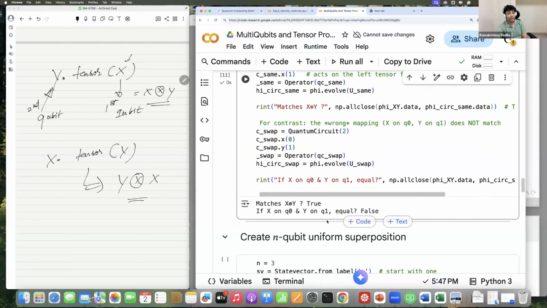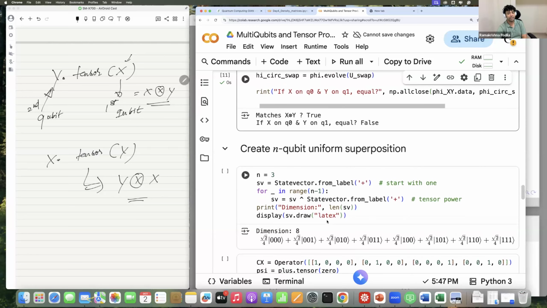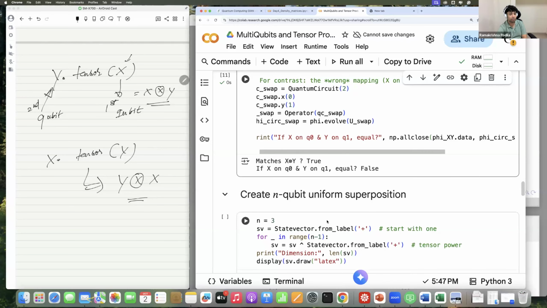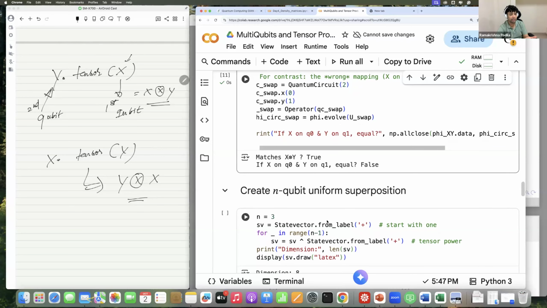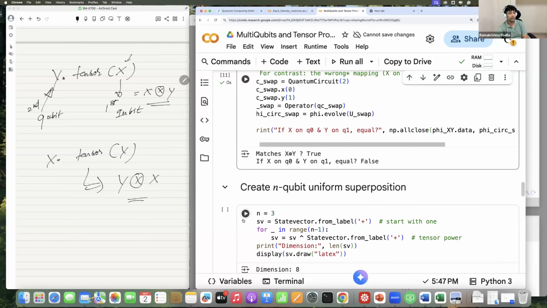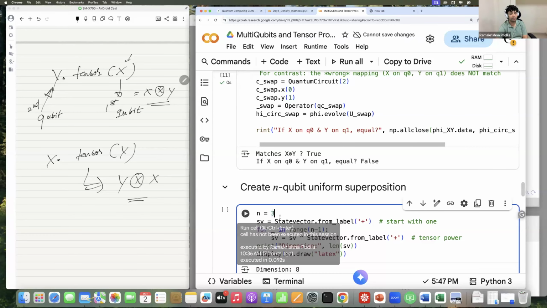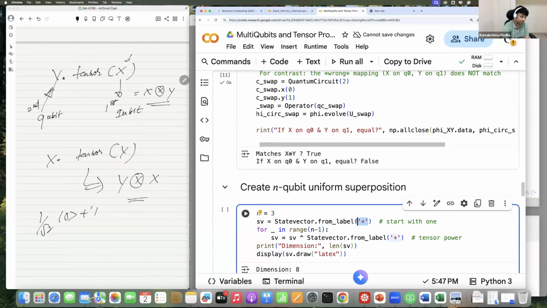And then you can also create an n-qubit superposition. For example, you don't have to be limited to 2 qubits. You can create 3 qubits, right? Qubit 1, qubit 2, qubit 3 that are in a tensor product. So you can just take the state vector from label plus, where each qubit is in this, and I have 3 such qubits.